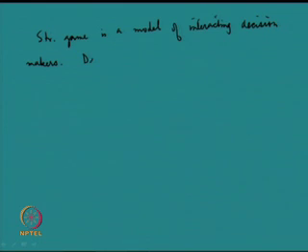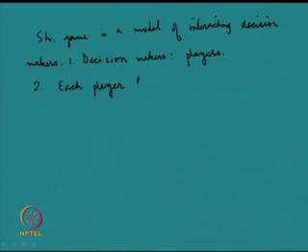Decision makers are called players. This is the first element. Second element, each player, that is each decision maker, has a set of actions to choose from.